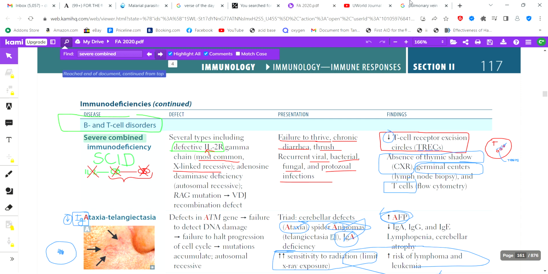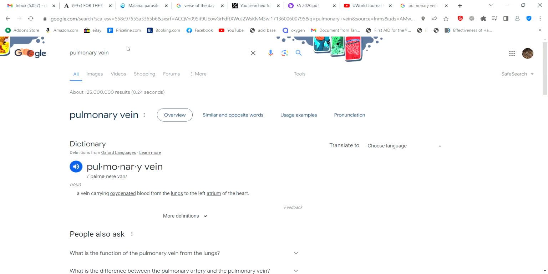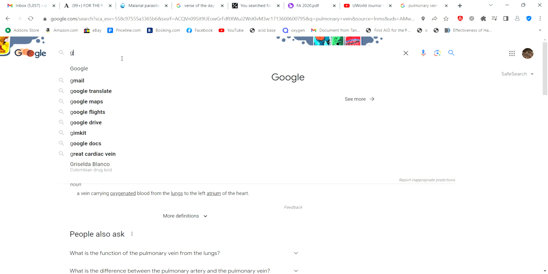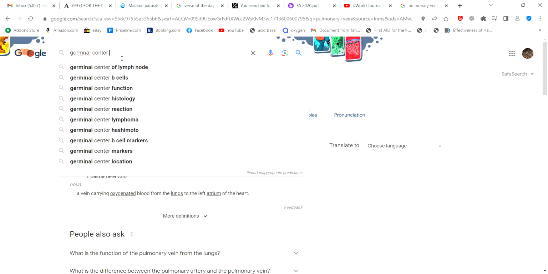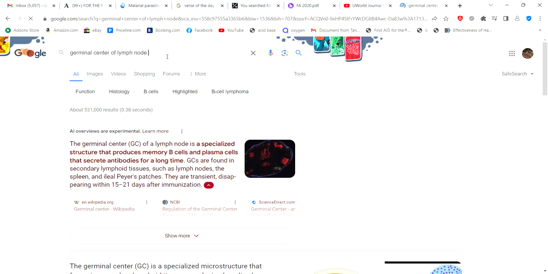So, cortex, germinal center of lymph node, B cells.